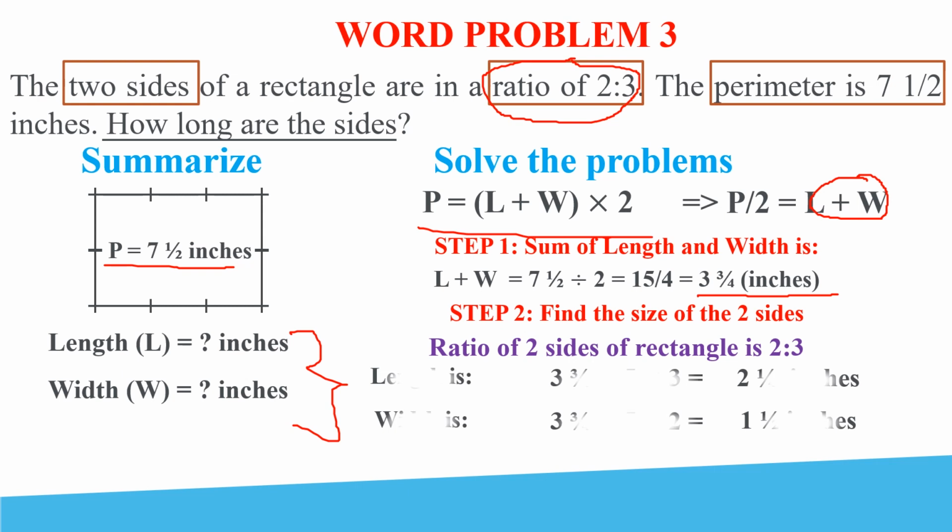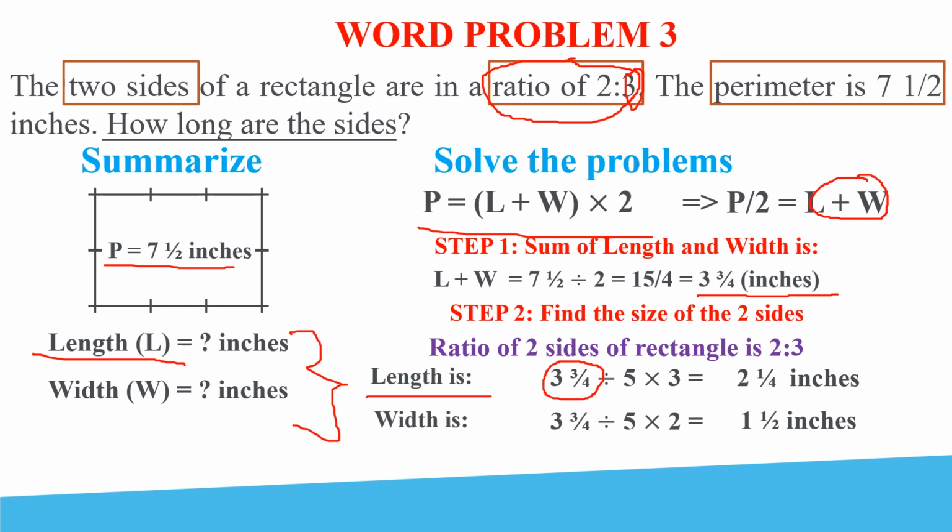Now let's see length. So we have 3 3/4, which is the addition of L plus W. We have 3, which is the ratio for length. So 3 out of 5 goes for L, length. Okay, so this is how we do it.